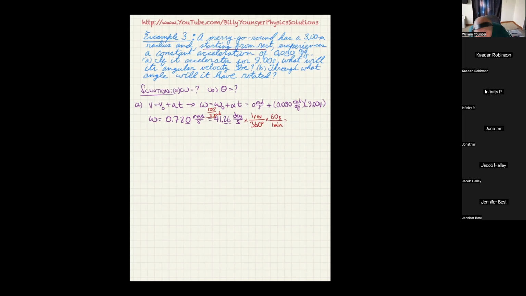If I take the 41.26 and divide it by 360, and then multiply that by 60, I get 6.875 revolutions per minute, which we'd also write as RPMs, like on the tachometer of your car.